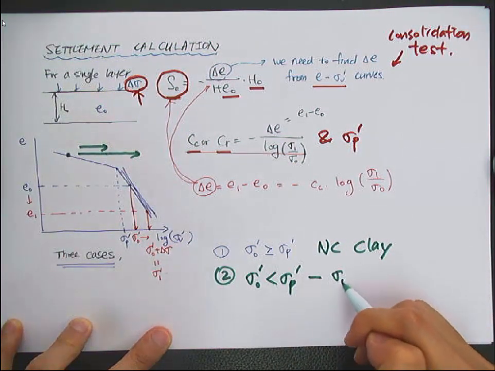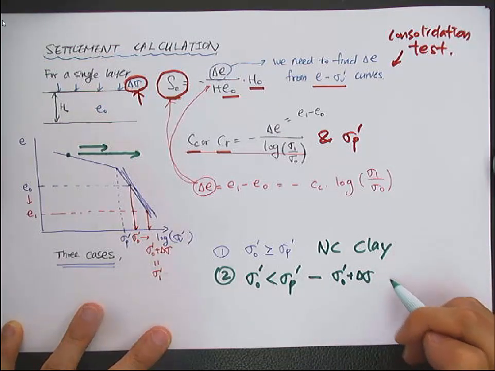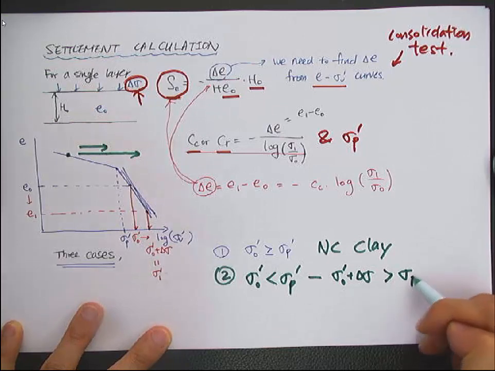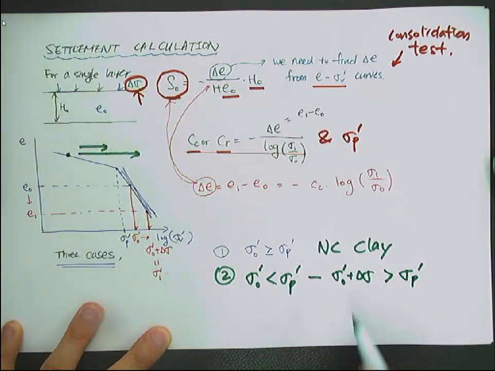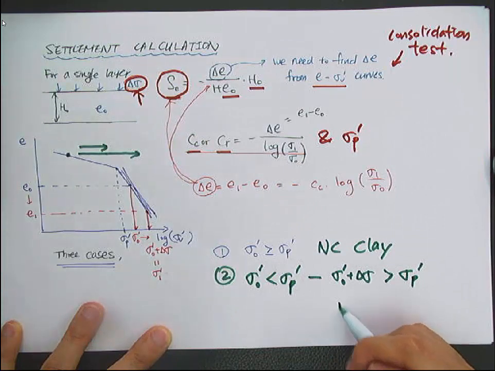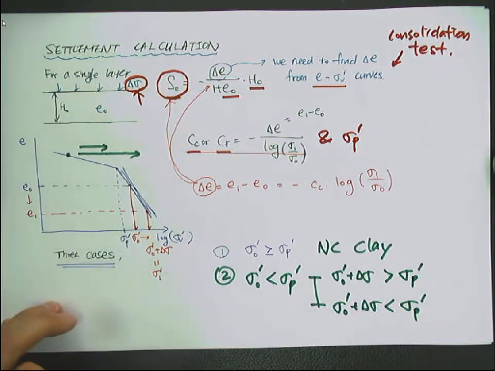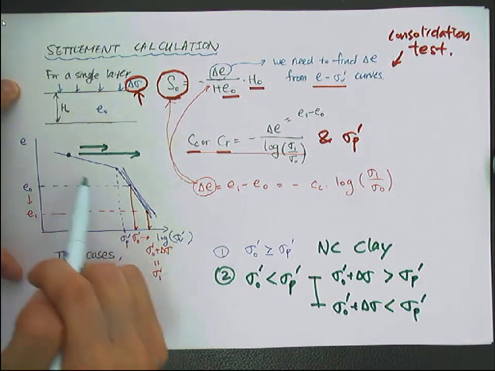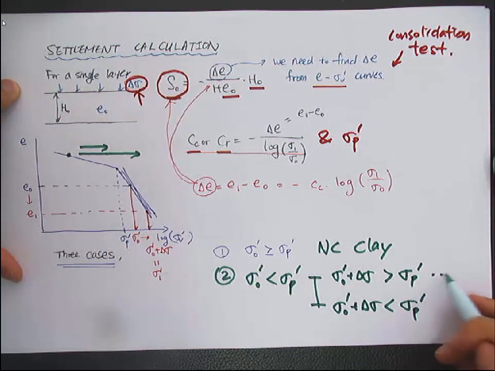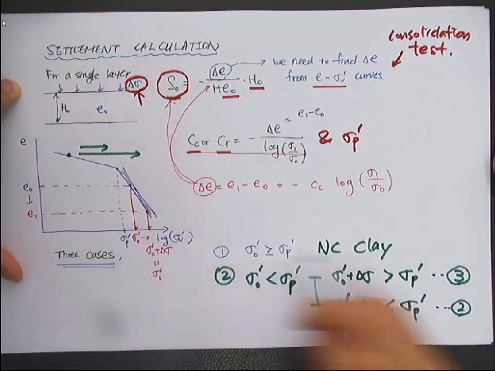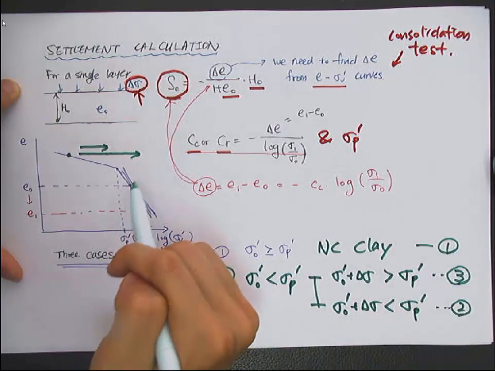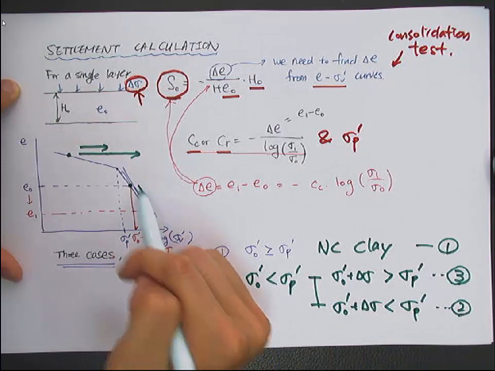So sigma naught plus delta sigma either exceeds the pre-consolidation stress, or this one doesn't exceed the pre-consolidation stress. Okay. So in this curve, this is the first case, the second case, and the third case. The first case will be from here to here.